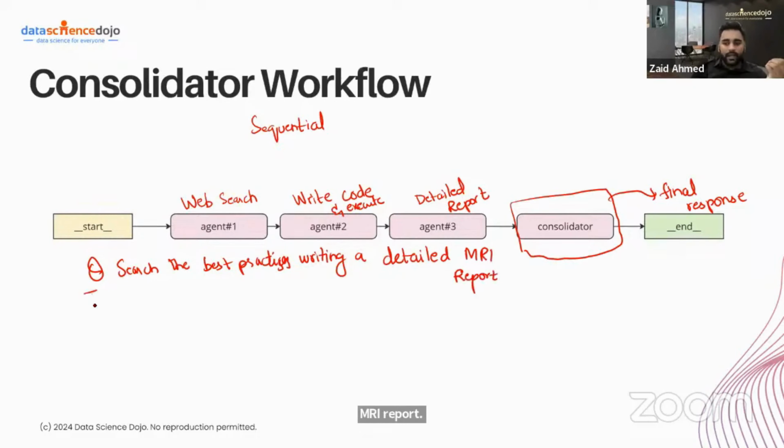This would be task one, executed by agent one.